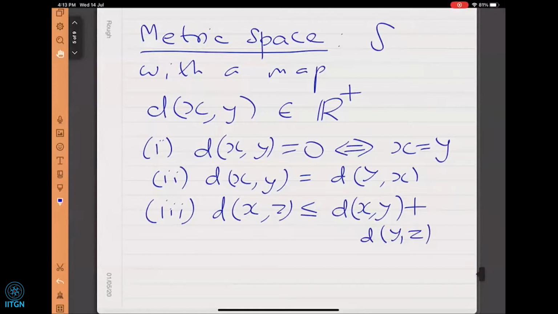Any two sides, if you add up the lengths, is greater than or equal to the length of the third. So with these three axioms, the map D, which takes me from the Cartesian product of S with itself, meaning I pick two elements of S rather than one, so one belongs to this S, one belongs to the next S, and those are X and Y, and it maps them to R plus, is called a metric on S.